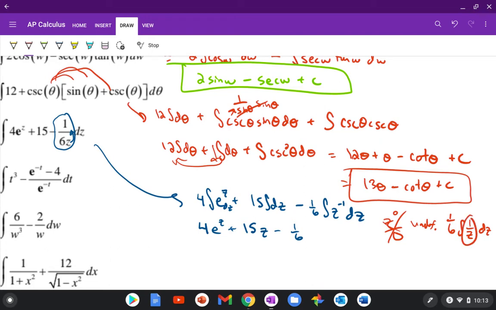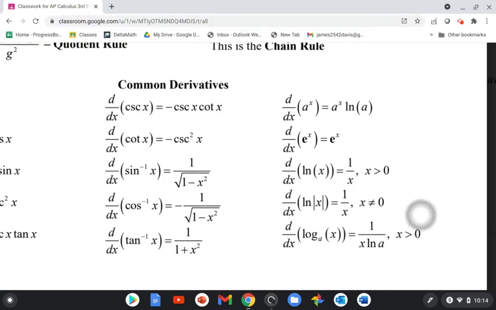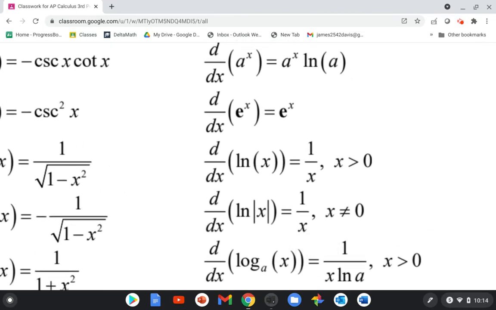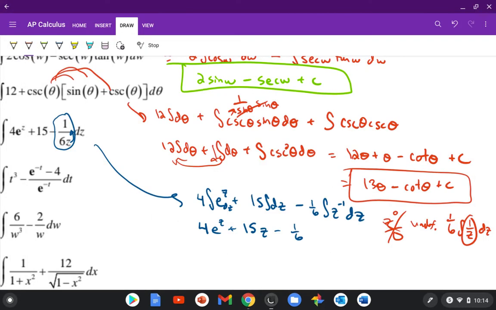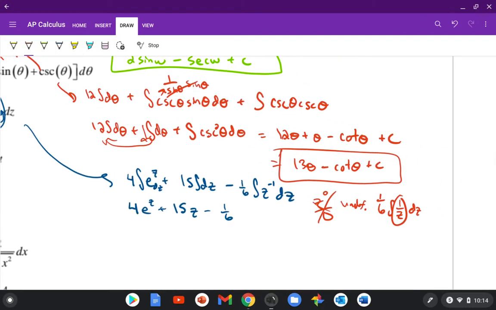You might recall that the natural log function, ln of x, the derivative of that is 1 over x. There we go. So to get 1 over z after you take the derivative, it turns out it's just the natural log of z.